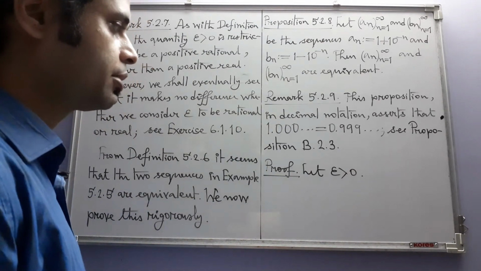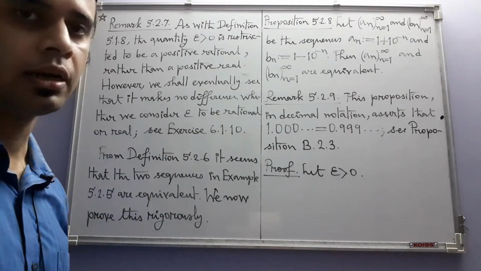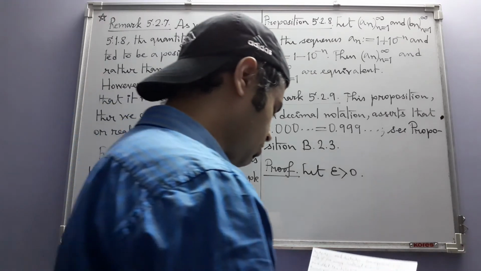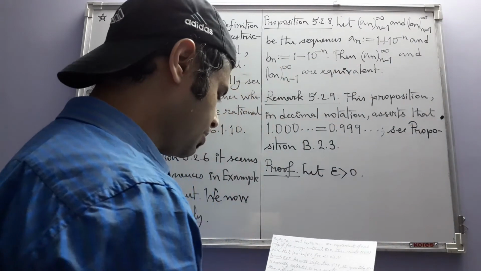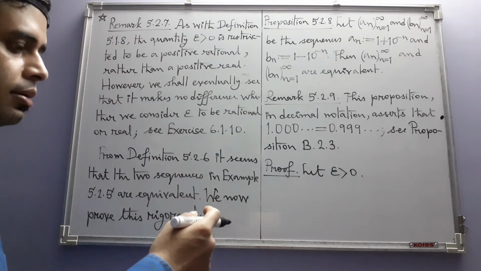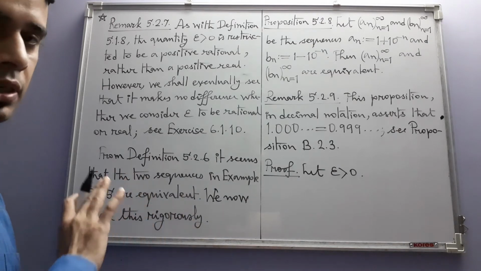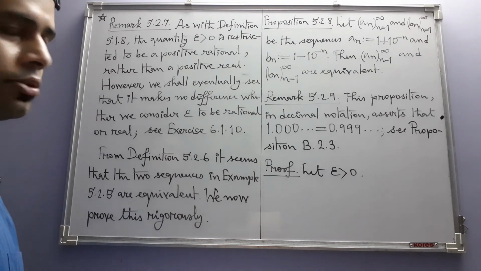We need to show that for any such epsilon, these two sequences are eventually epsilon close. And for that, we are again going to start by referring to proposition 4.4.1, which allows us to choose a positive integer greater than a given rational number. We have already done that in the previous video.